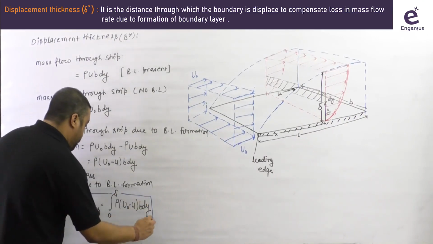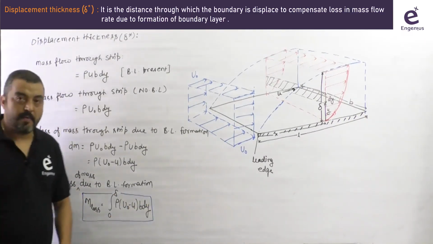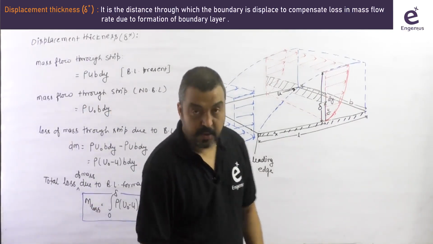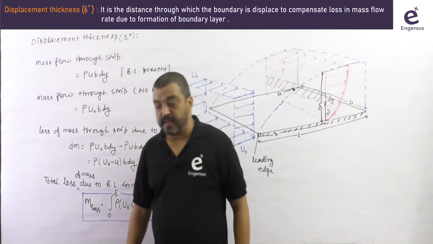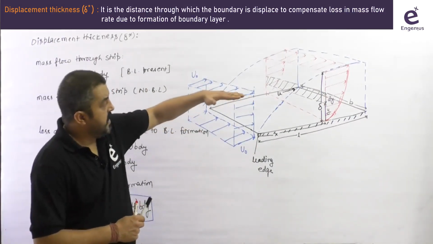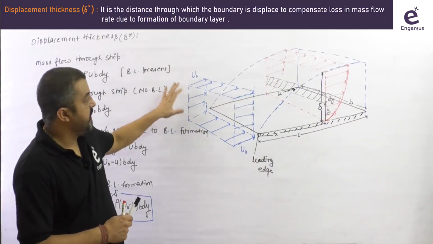Now I want to overcome this, somehow I need that mass. If I want to overcome this, I have a concept: let us increase the height, an extra height through which we can gain this mass.